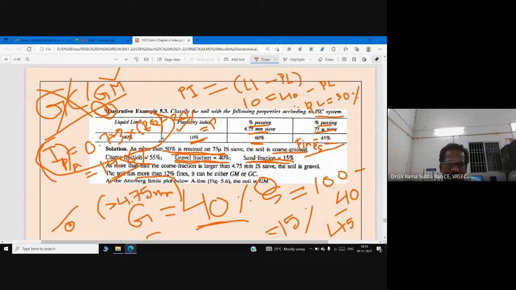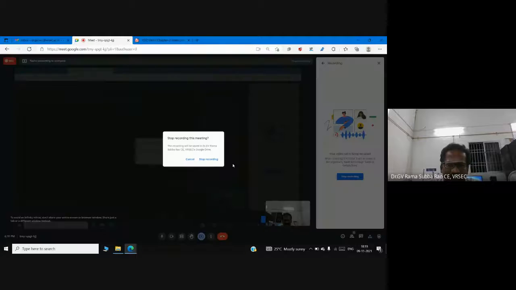Here I have a plasticity index of 10% and IP of A line of 14.6. Which one is higher? No doubt IP of A line is higher. If IP of A line is higher, then it is silt. So finally, before we conclude the lecture, the given soil is silty gravel. Thank you.